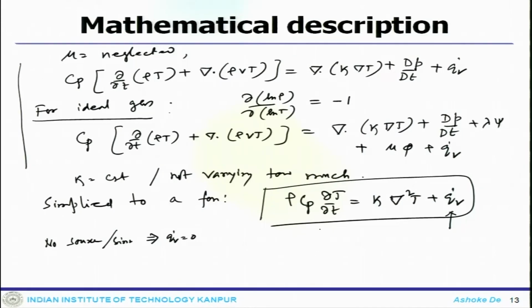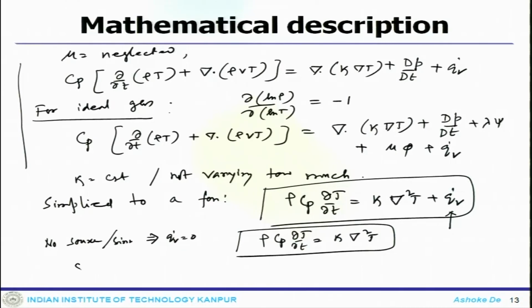Then this equation again becomes a simplified form: rho Cp del T/del t equals only kappa del squared T. So, this is an unsteady heat conduction diffusion system. Again, if it is steady, then the unsteady term goes off, and it becomes kappa del squared T equals 0.